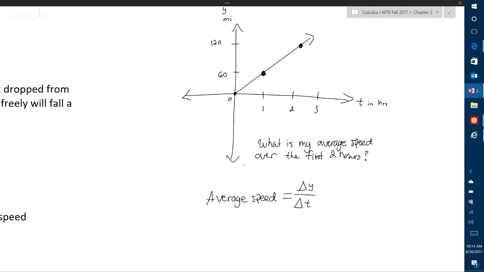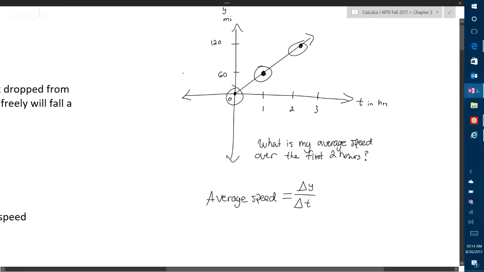Now these are coordinates in the Cartesian coordinate plane. We can represent them using ordered pairs. For example, this coordinate down here is just 0, 0. And since we're doing this over the 2 hours, let's skip up ahead to this one.